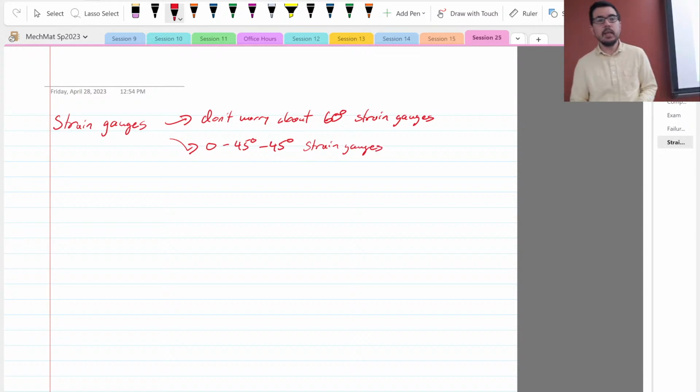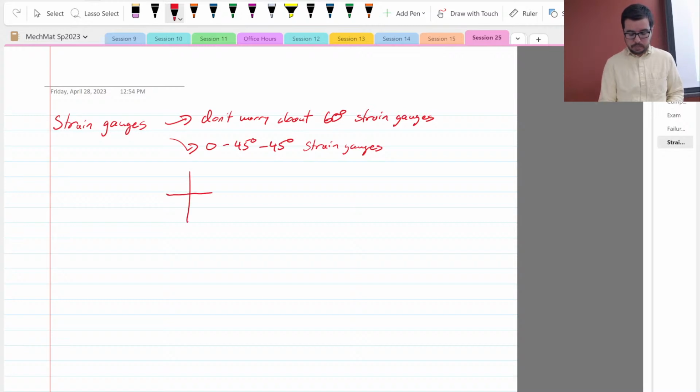But this gets to strain. So remember that with strain, we can draw more circles as well. We have transformation equations for strain as well, and we want to make sure that we have the appropriate axes where now we're dealing with gamma over 2. This is Mohr's.